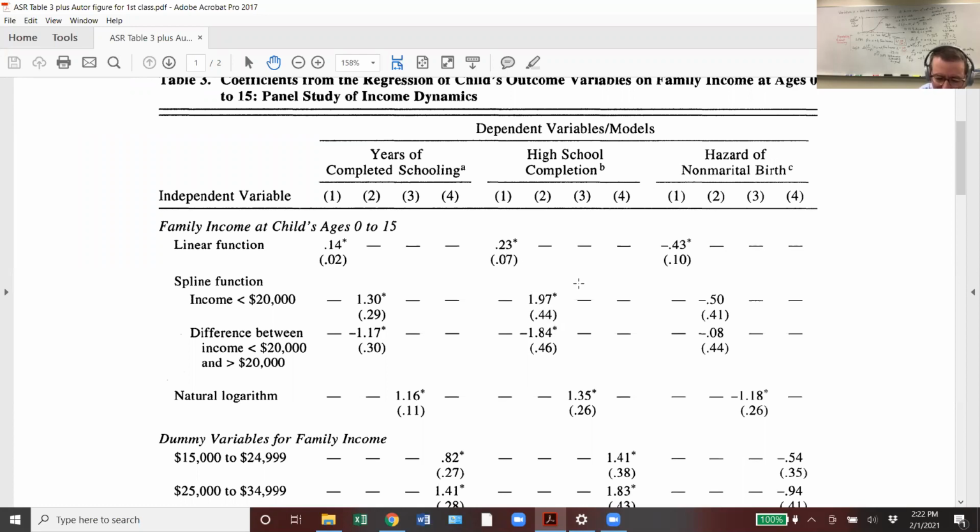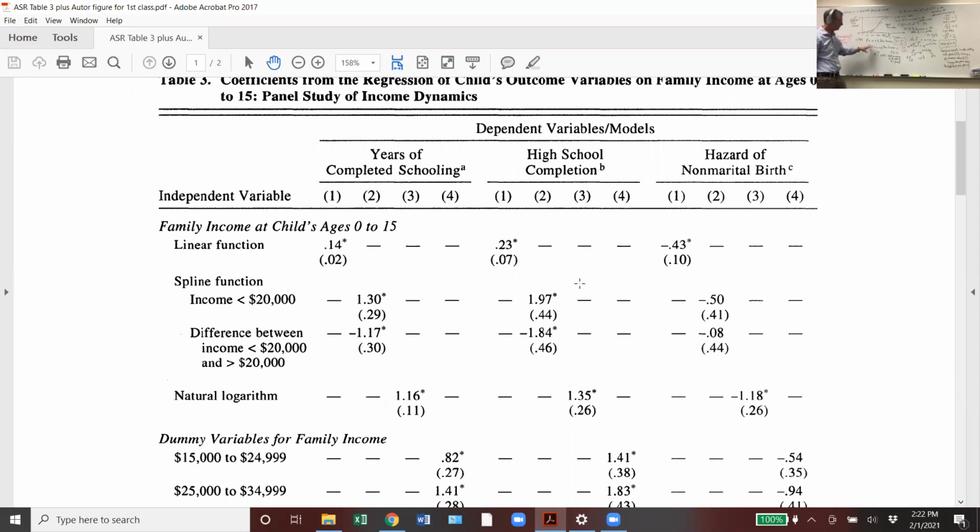So if you're evaluating this logistic function down here at a low income level, the logit imposes, it's linear in the log odds of graduating high school. It's linear in that log odds.